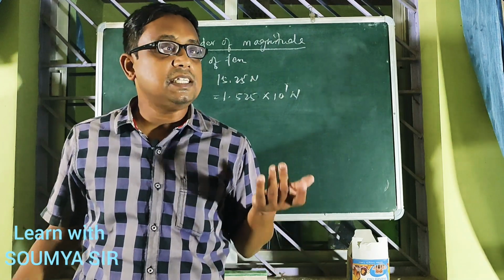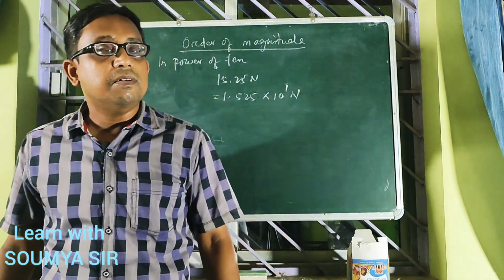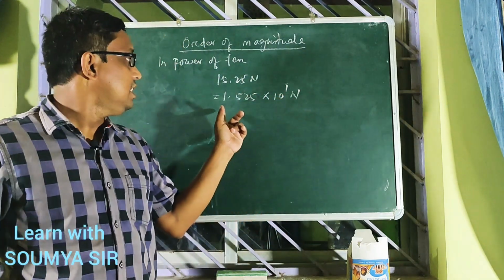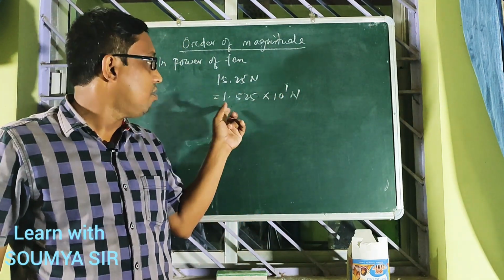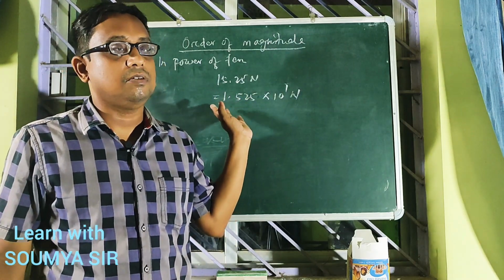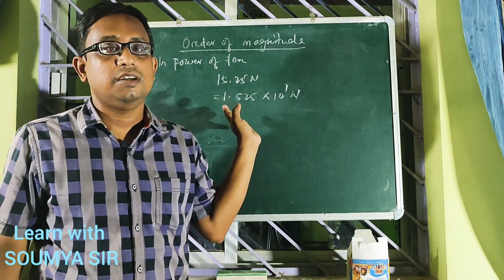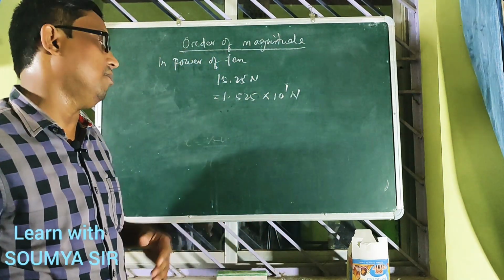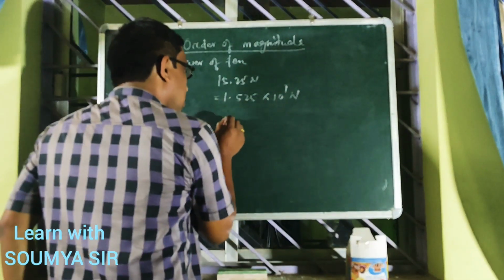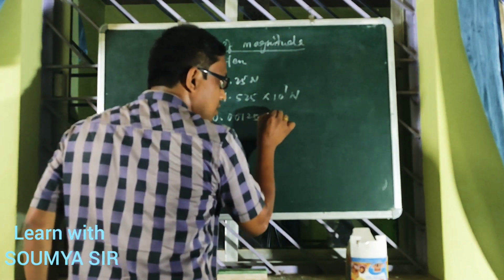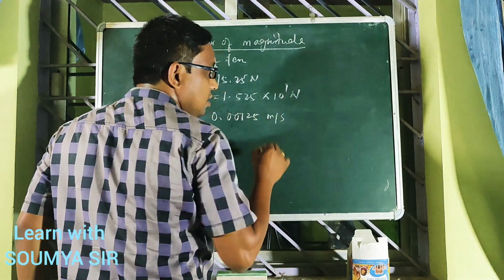Clear? Each physical quantity will be expressed as a power of 10, and in the number there should be one digit to the left of the decimal, not 0. We cannot write 0 point something. We have to write a whole number there. Suppose 0.00125 meter per second.